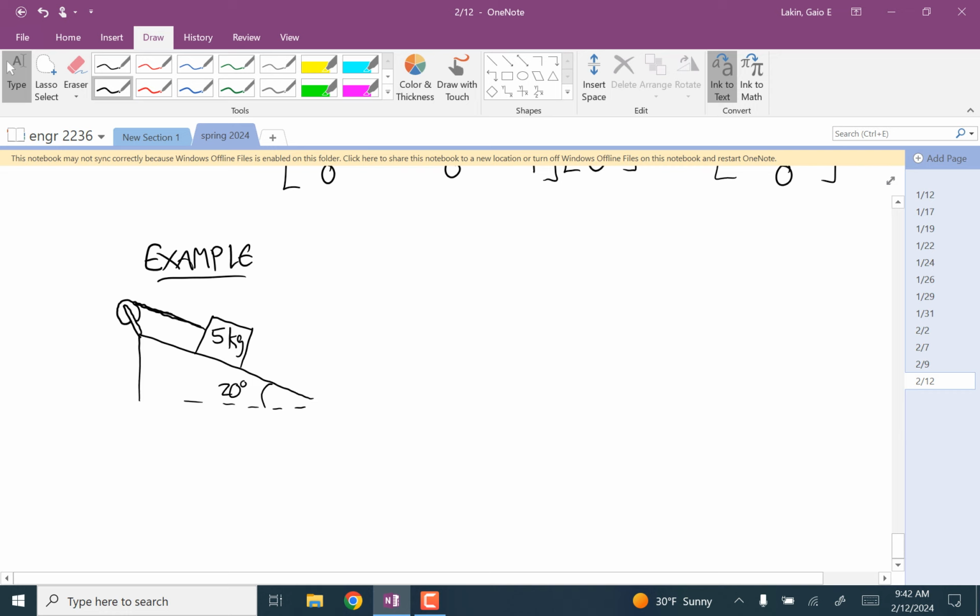And a cable over a pulley connects the 5 kilogram mass to a 2 kilogram mass. And at the instant shown, let's say that the 5 kilogram mass is moving down the ramp, so that's the direction this system is moving. And the coefficient of kinetic friction is 0.1 again.